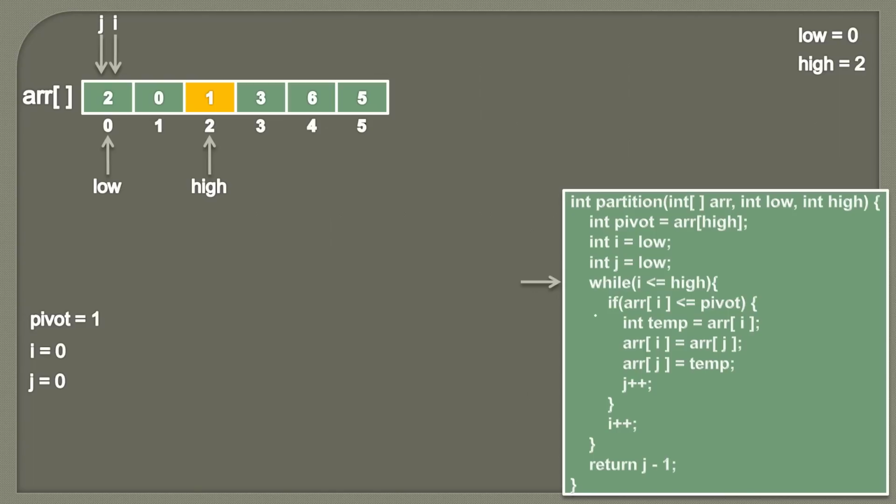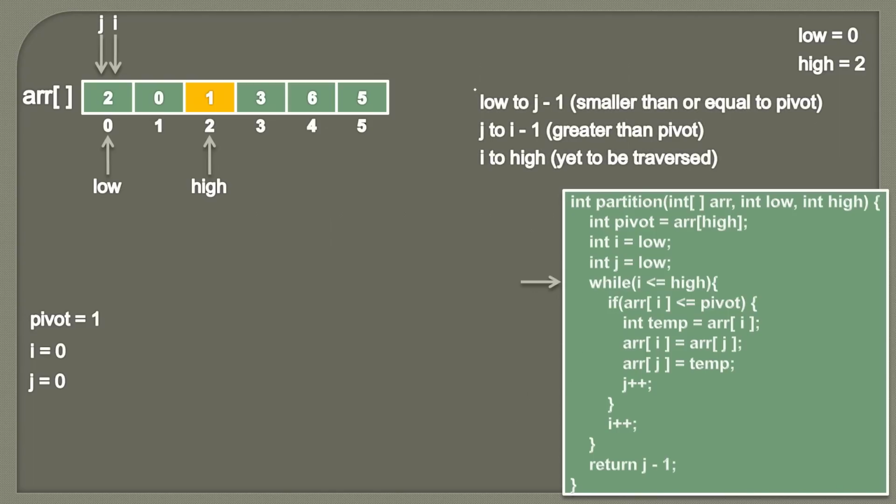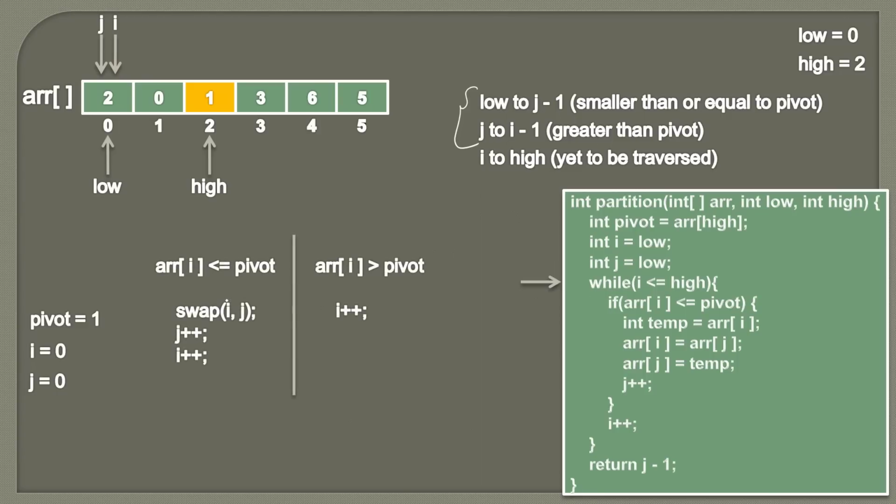And as we already discussed how this algorithm works, we'll go over this quickly. We need to keep these ranges in mind and these two conditions in mind. So i is less than or equal to high, this while loop will execute. Array of i, which is 2, is greater than pivot, so we do nothing. We simply move ahead.